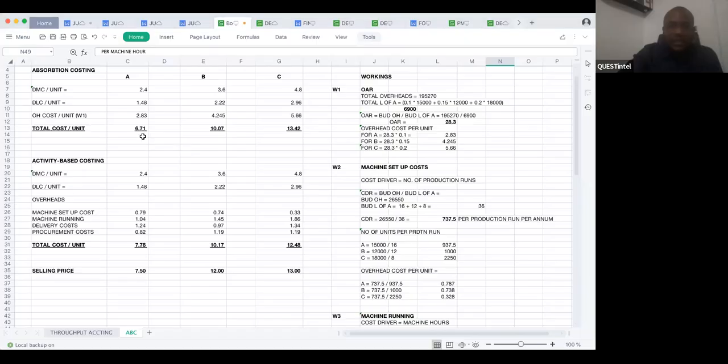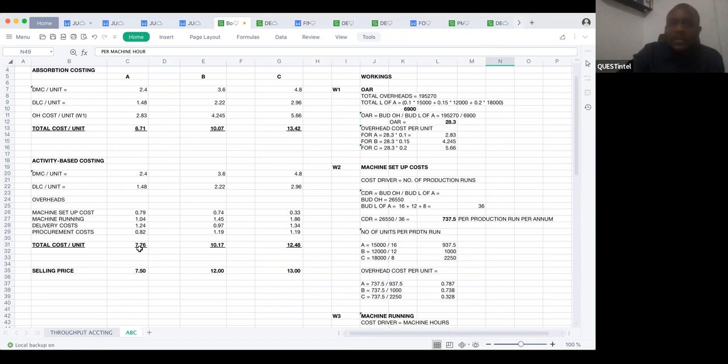Now, the first thing to see here is that the selling price of product A is 7.5. When we used absorption costing, which was what we are currently using before they decided to change to activity-based costing, if you remember what the question said, they got a figure of 6.71 as the total cost per unit of product A, and they now put a selling price of 7.5.